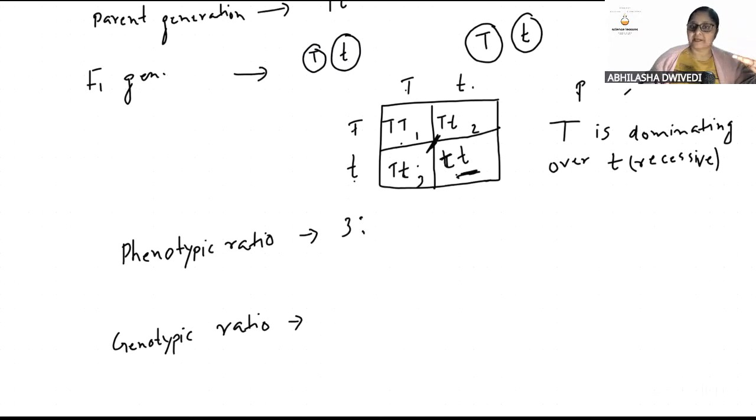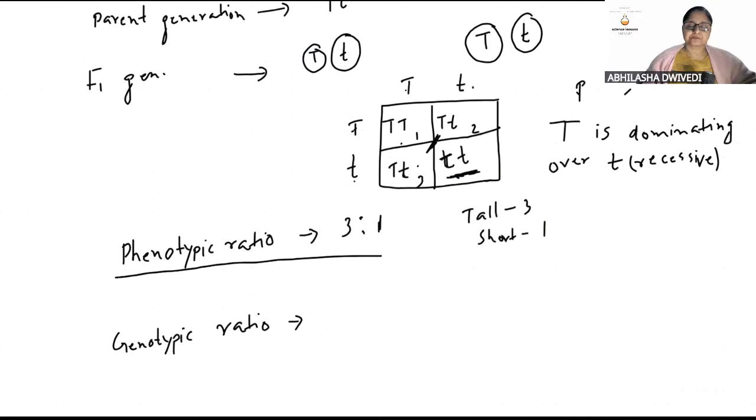So for the first time in all these three, this is going to express, and it will be 1. Tall 3, short 1. That is the phenotypic ratio, how it appears.